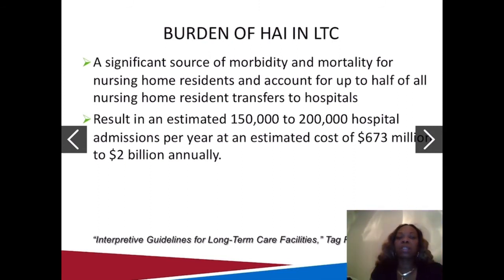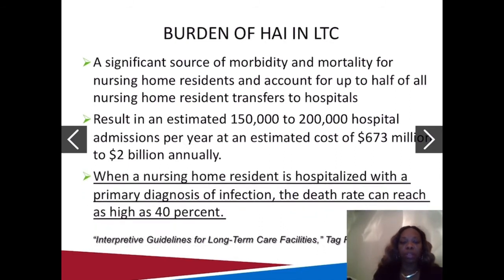There is a significant source of morbidity and mortality for nursing home residents, and it accounts for up to half of all the nursing home residents transferred to the hospital. When a nursing home resident is hospitalized with a primary diagnosis of infection, their death rate can reach as high as 40%.